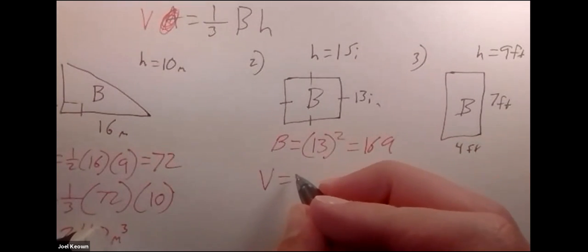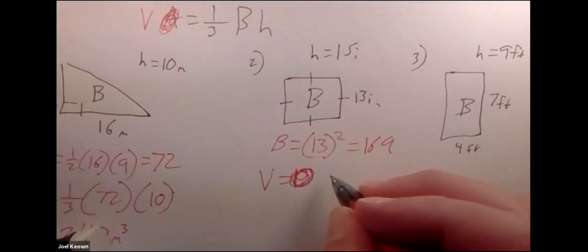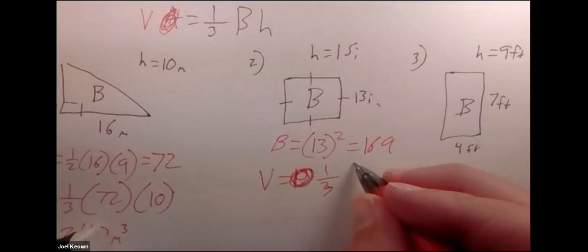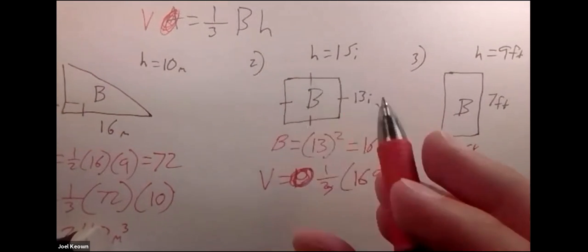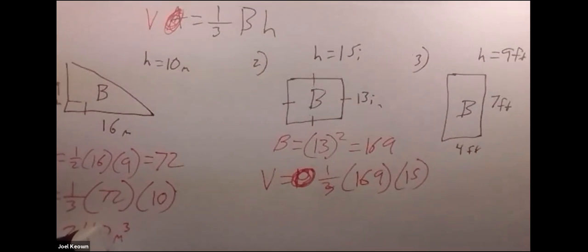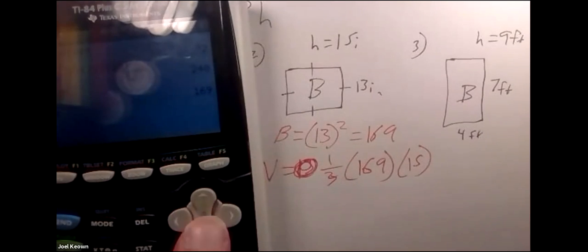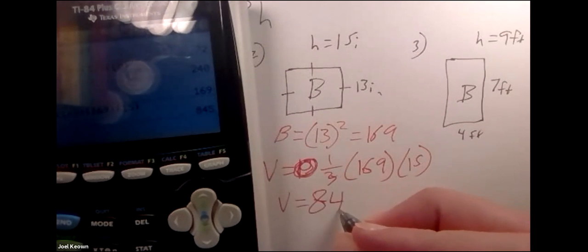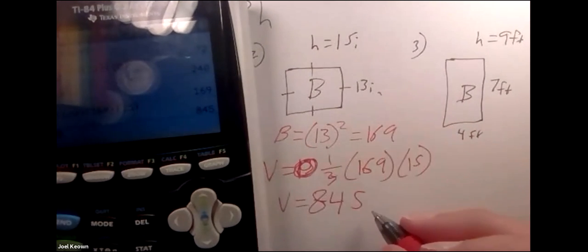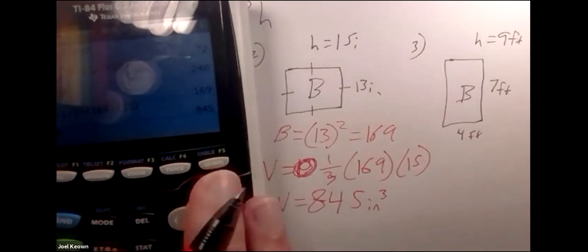So my volume is going to be 1/3 times the area of the base times the height, which is 15. And so I'll type that in. 1/3, 169, 15. And my volume is 845. It's in inches, so that's inches cubed. Okay.